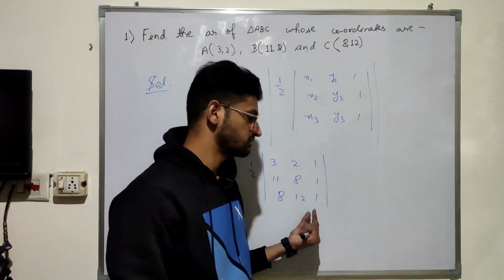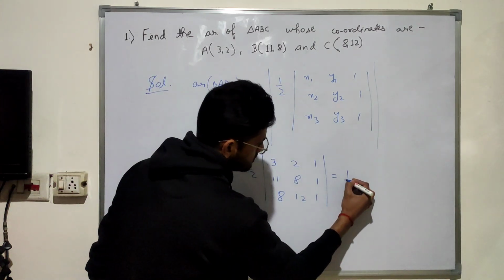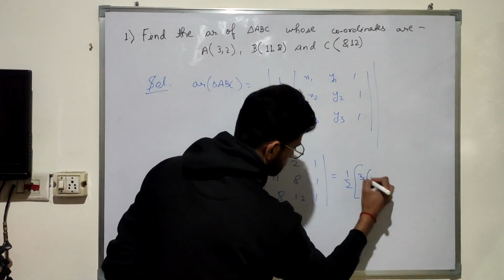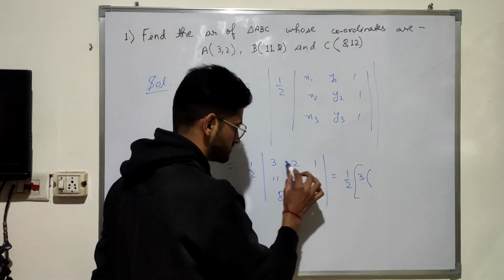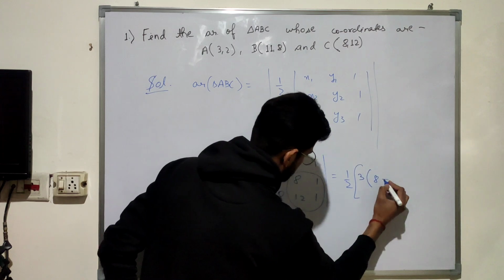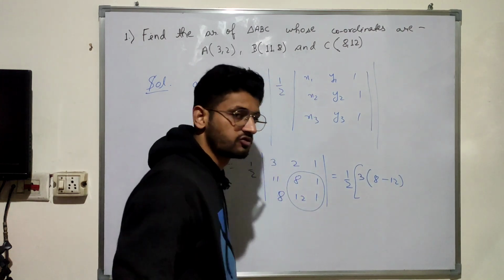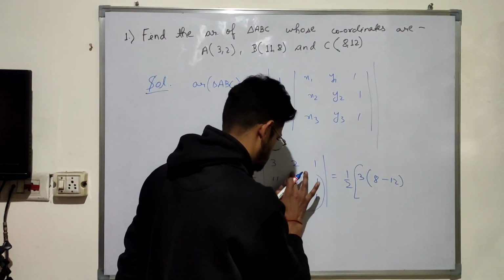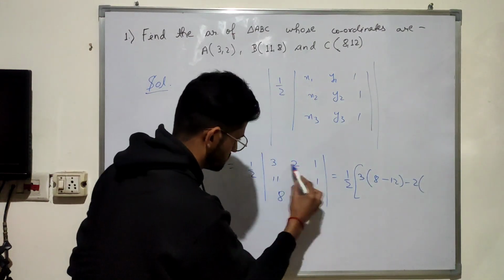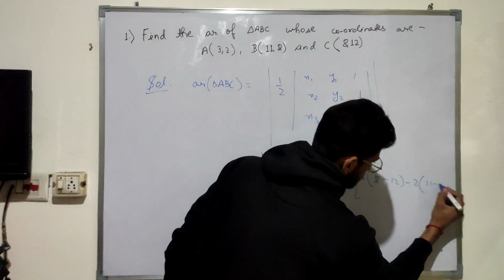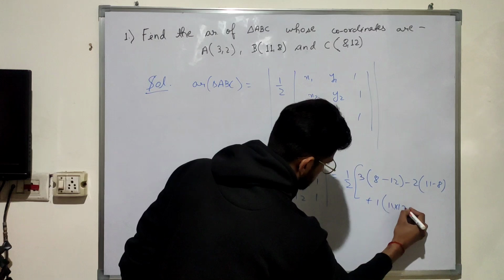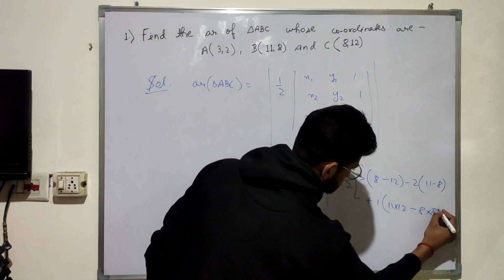We know very well how to solve determinants, so we will use the method of solving determinants here. We take 3 multiplied by, removing this row and column, we get 8 multiplied by 1, that is 8, minus 12. Hoping that you know how to solve determinants. Now minus 2 multiplied by (11 minus 8), that is 3, plus 1 multiplied by (11 multiplied by 12 minus 8 multiplied by 8).